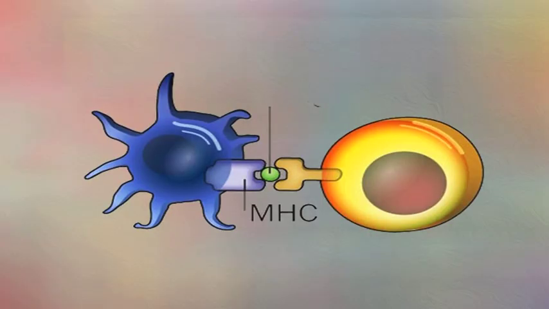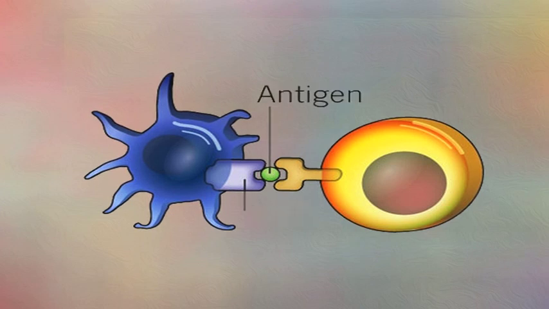With the exception of non-nucleated cells, including erythrocytes, all cells are capable of presenting antigen through the function of major histocompatibility complex, that is MHC molecules. Some cells are specially equipped to present antigen and to prime naive T cells.